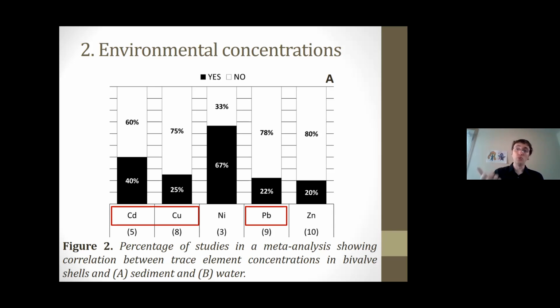Then I used a vote counting system: yes, there is a correlation, or no, there is not a correlation. So this has not been done a lot. The highest number I was able to find was with zinc, and only 10 studies, and this includes all systems: marine, estuarine, and freshwater.